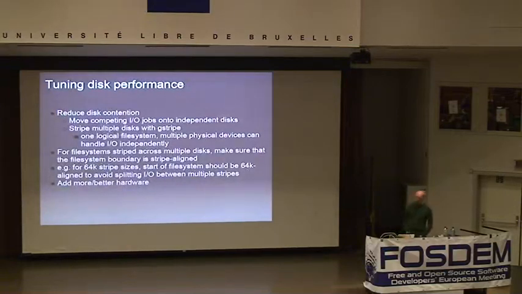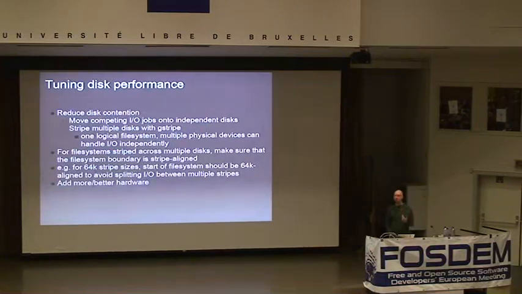Okay, so suppose we've identified a disk problem, or we think we're seeing some high disk latency. What can we do to fix it? Well, disk is typically a shared resource that's accessed by many processes, and if this sharing of the resource is what's causing your problem, the obvious answer is to make it not shared. So you can reduce disk contention by moving the I/O jobs.